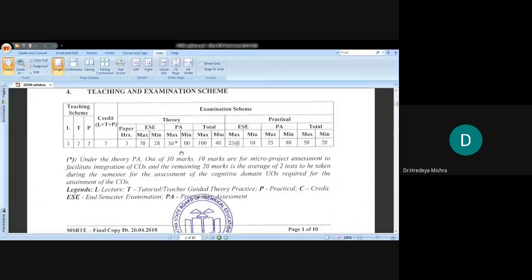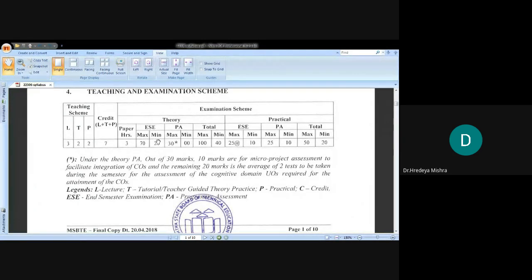This is your internal assessment, which means your regular performance. Okay, this is called progressive assessment, PA, which means whatever you score in your class tests and in the micro project is combined within the 30 marks.